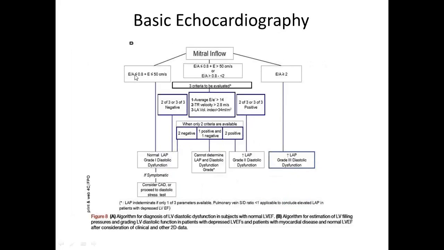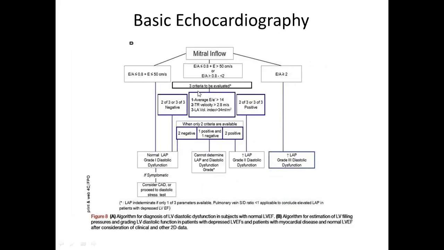If your E is less than 50 centimeters per second or 0.5 meters per second, and you have a small e, big A, then the left atrial pressure is normal. It's a grade 1. If they have restrictive physiology, E to A greater than or equal to 2, then they have elevated left atrial pressure, grade 3 diastolic dysfunction.